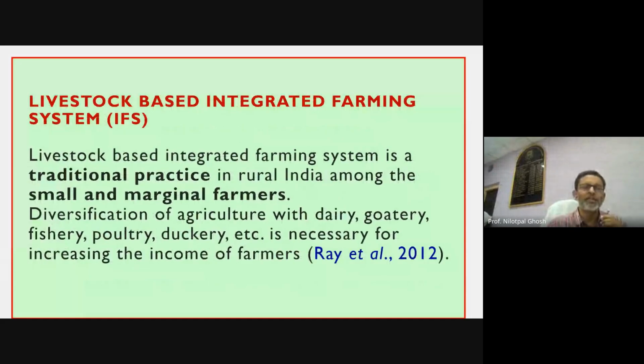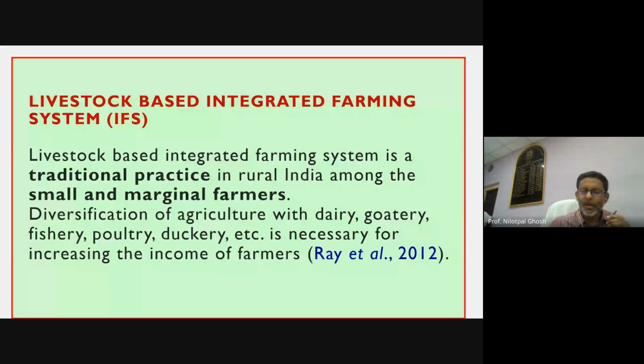And now I want to show you how this livestock is being integrated in the integrated farming system. And many researchers published many research papers. I will show you few. And you know there are integrated farming system institutes in our country. So they are under the ICAR system.